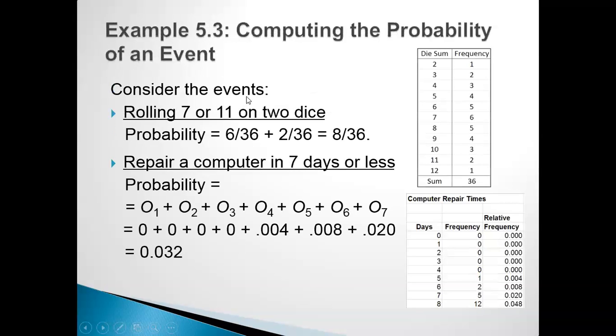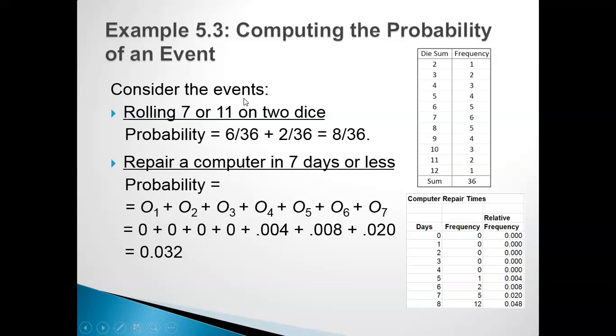One event is there. What is that event? Rolling two dice, and we want the outcome 7 or 11. So what is the probability of getting 7 or 11? Here the outcomes are 7 or 11, and together they form the event.